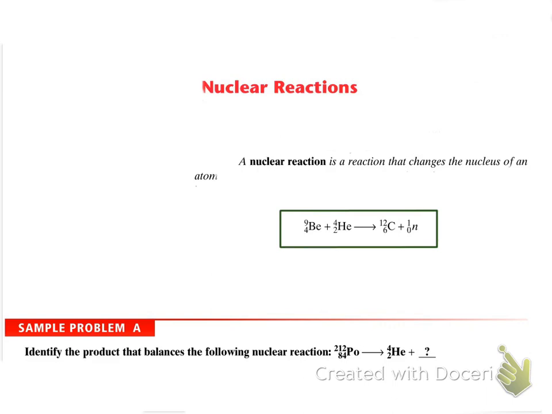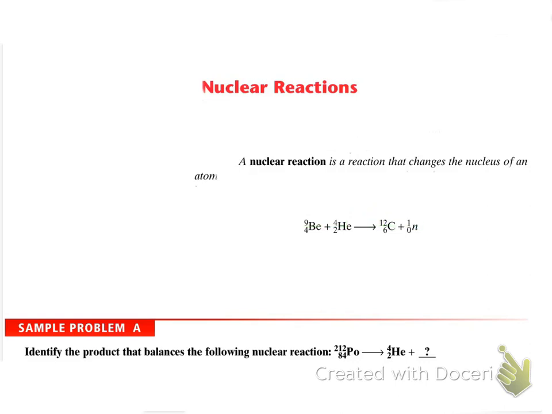If I react that with what's called an alpha particle here, which is essentially a helium nucleus, made up of 2 protons and 2 neutrons for a mass number of 4, then on this side of the equation the mass number equals 13. Therefore the other side has to equal 13 as well: 9 and 4 is 13, 12 and 1 is 13.